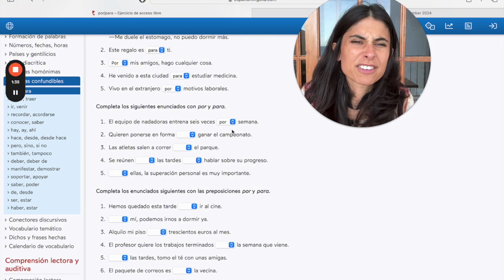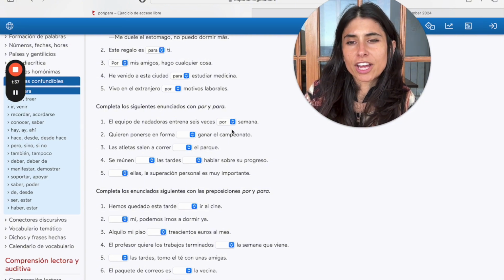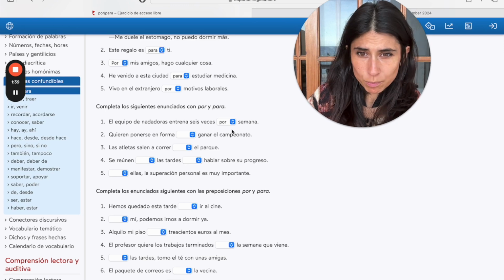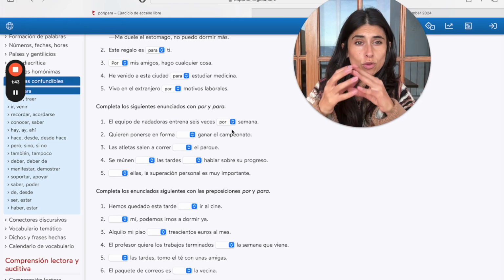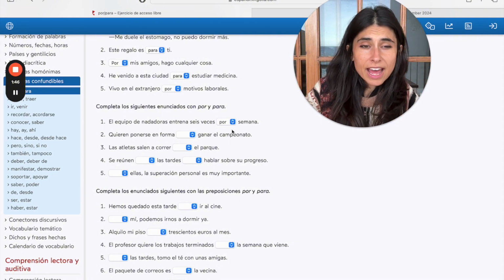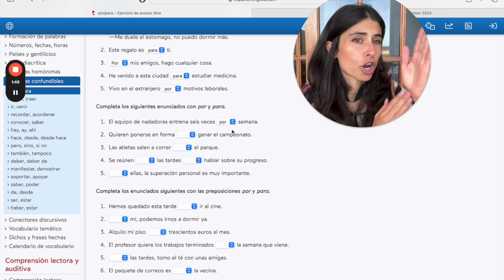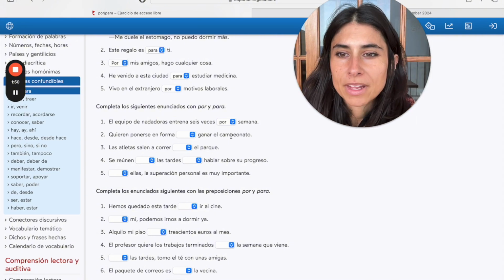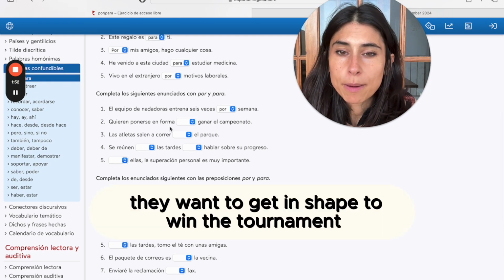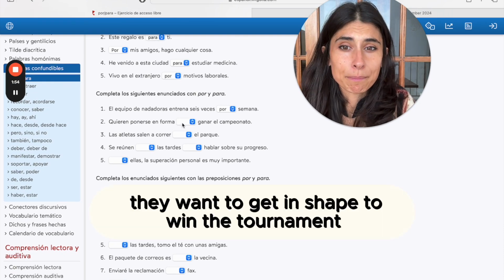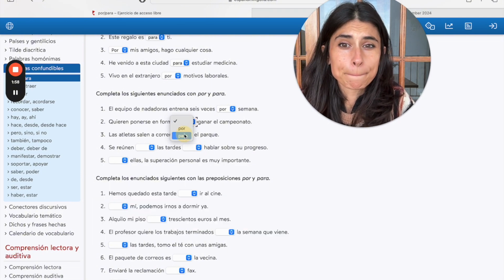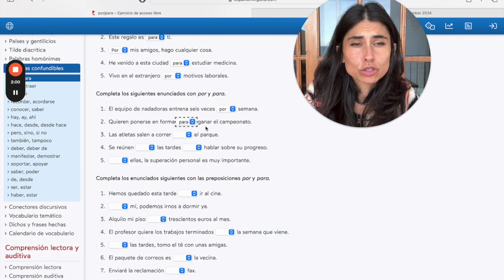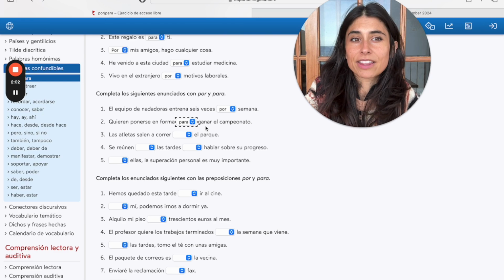Would it make kind of sense saying like the swimming team trains 6 times through the week, you know? So the week is kind of the journey and 6 times is not a goal, it's a journey. Quieren ponerse en forma para ganar el campeonato. Okay, so in this case, para ganar el campeonato, to win the tournament, it is the goal.